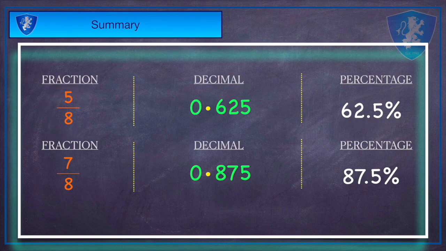And 7/8 as a decimal is 0.875, or as a percentage is 87.5%. And this is a short video on changing some common fractions into decimals and percentages. Thank you.